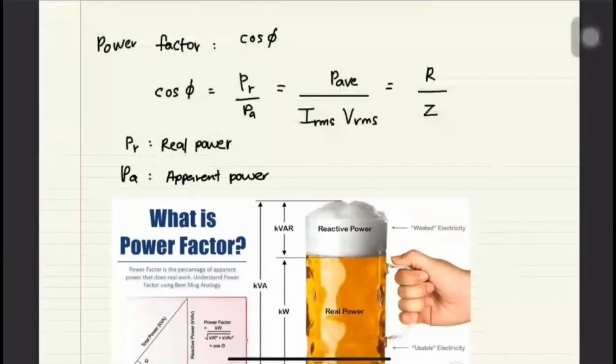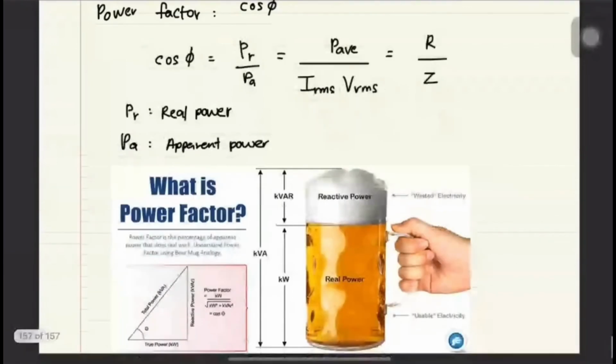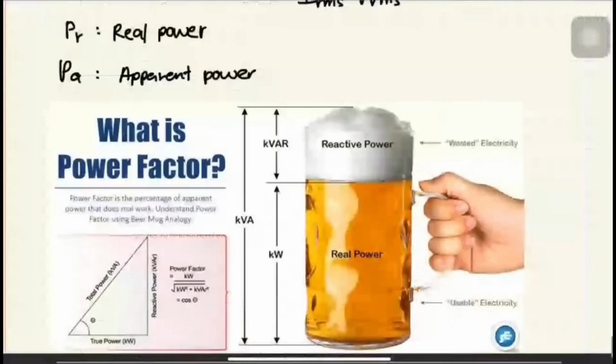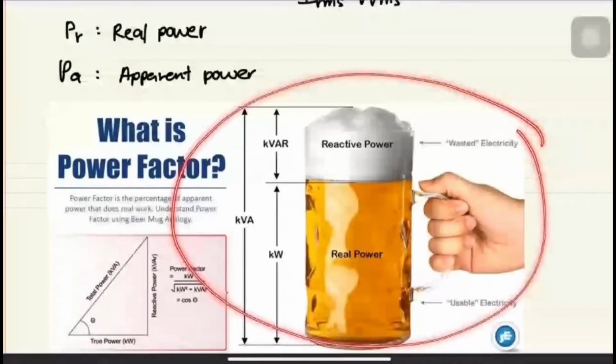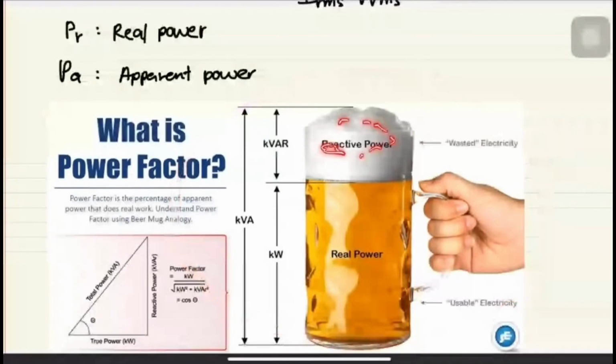Okay, so ni contoh dia. Power factor over here is cos phi. Cos phi is equals to, kalau kamu tengok dekat ni kan, adjacent over hypotenuse will be true power divided by total power. So ni perumpamaan ni ibarat buih ni. Okay, kamu ada buih, so buih ni obviously buat penuhkan gelas tapi dia tak rasa pun. Yang actual one is yang bawah ni.